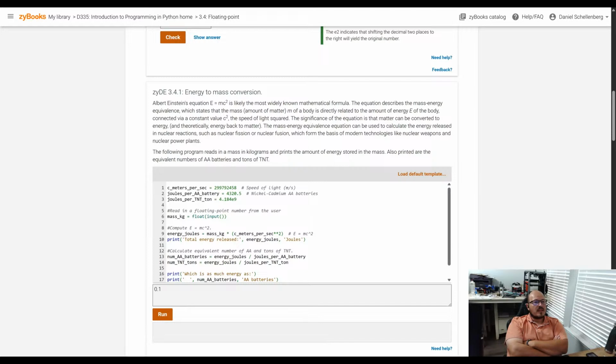Yeah, the speed of light squared. The significance of the equation is that matter can be converted to energy, and theoretically energy back to matter.